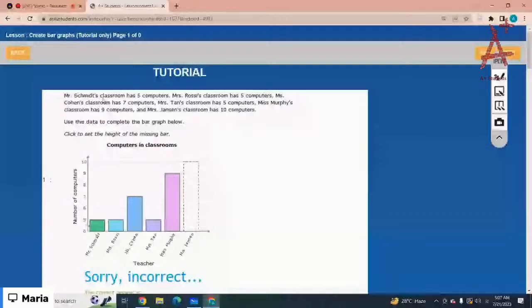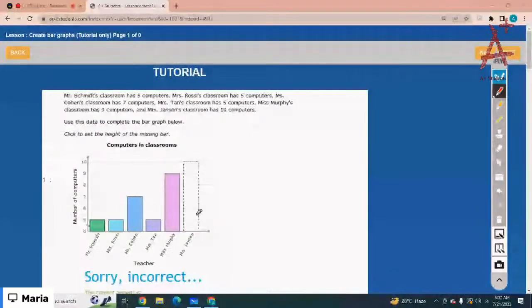You have to add a bar with the height 10. Here it is. Here is the missing bar. You have to add it till 10. You just have to add the missing bar, right?